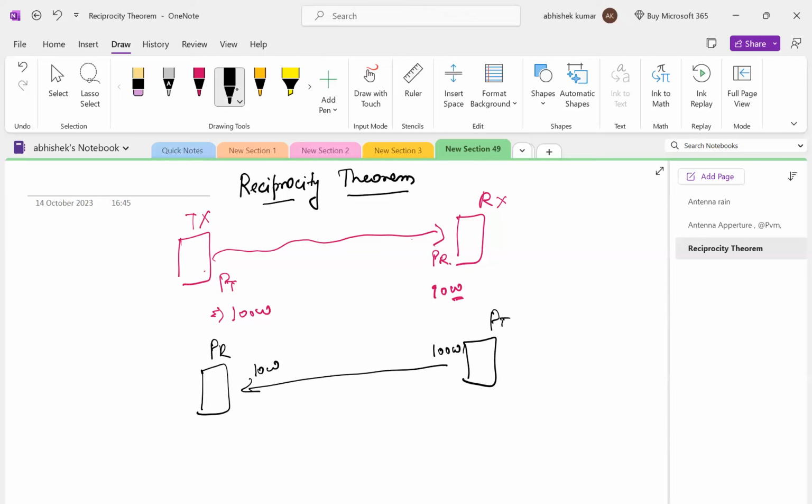Antennas can work as transmitter or receiver. Sometimes one antenna does both at the same time; that is the duplexer, serving the purpose of both antennas. That's one good theorem that you have to remember.